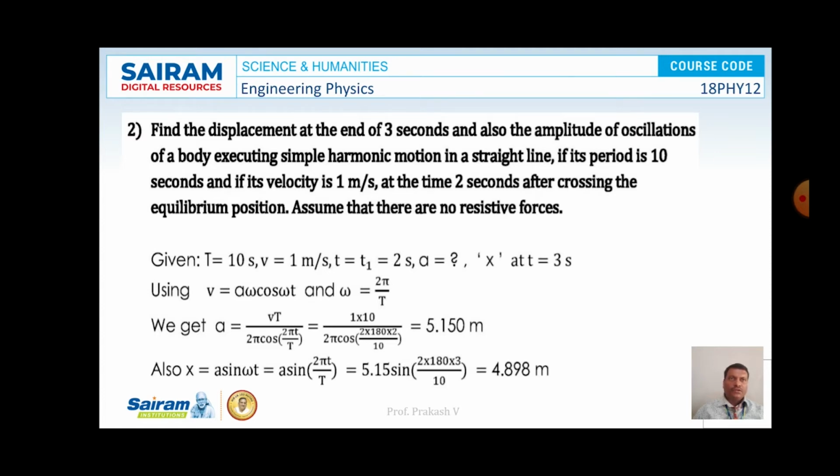Assume that there are no resistive forces. Here the given data is T is equal to 10 seconds and v is equal to 1 meter per second and t is considered as 2 seconds, and here we have to calculate the value of x at t is equal to 3 seconds.